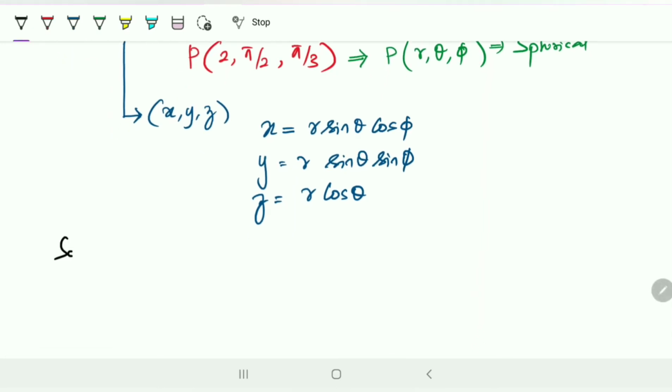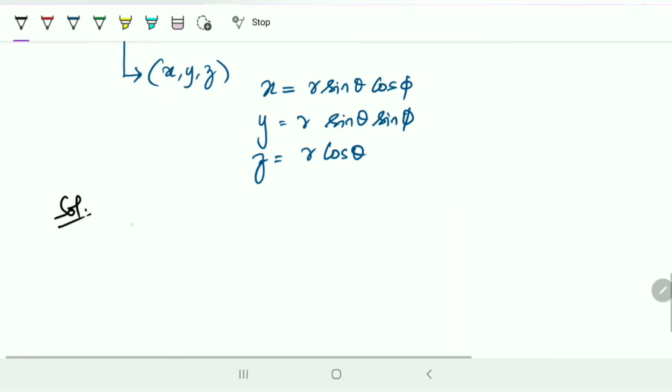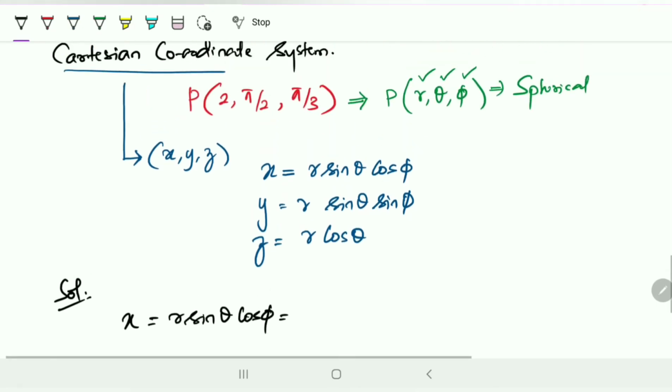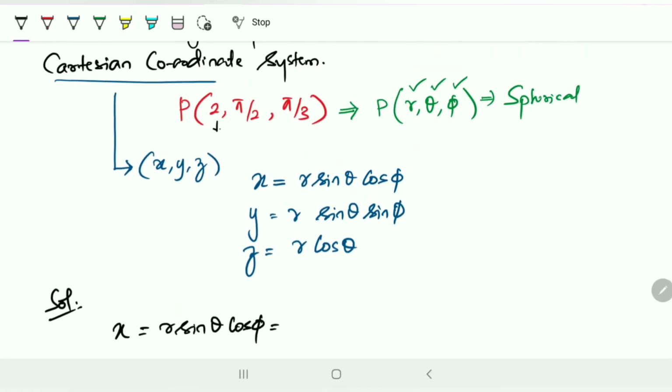Let us solve for the value of x. X is equal to r sin theta cos phi. If I substitute for the value of r, it is very clear that 2 stands for r, and your theta value is pi by 2, and the phi value is pi by 3.